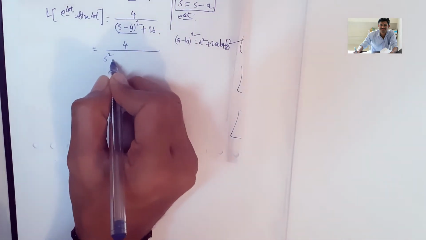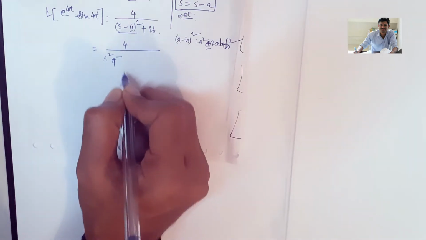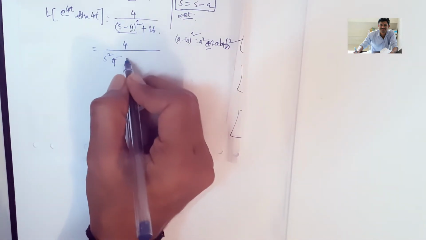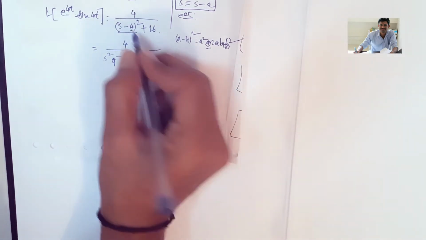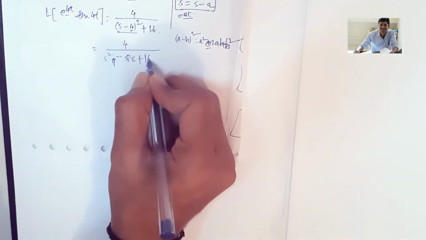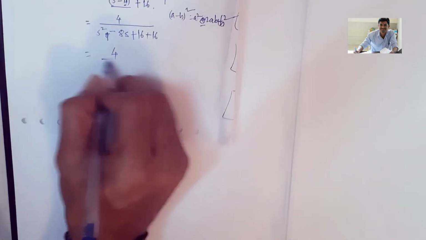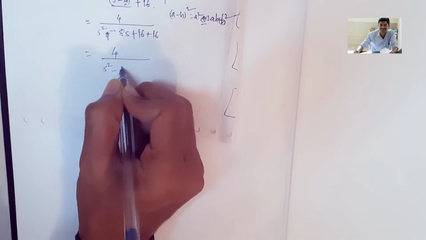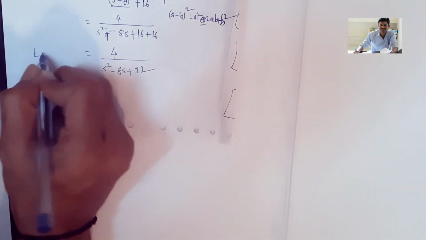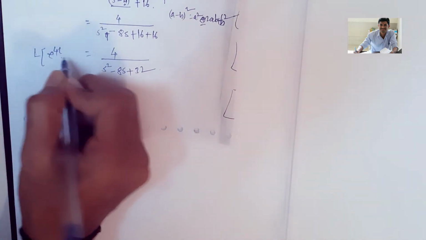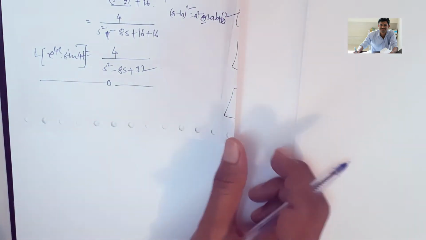So s square minus 2 times 4, that is 8, times s, plus b square, 16, plus this 16. So finally the answer will be 4 divided by s square minus 8s plus 32. This is the Laplace transformation of e raised to power 4t into sine 4t. This is the small example on this property.